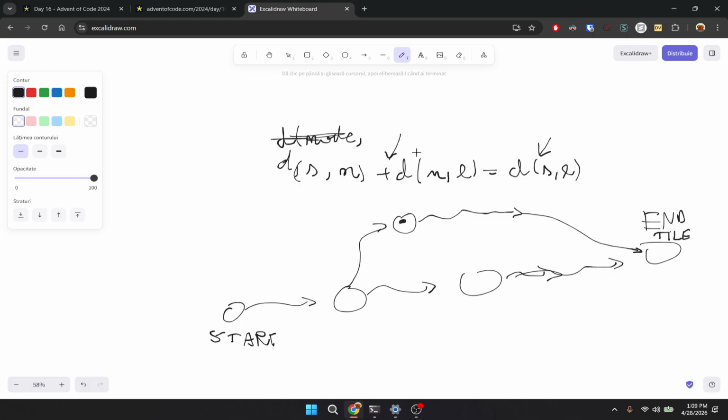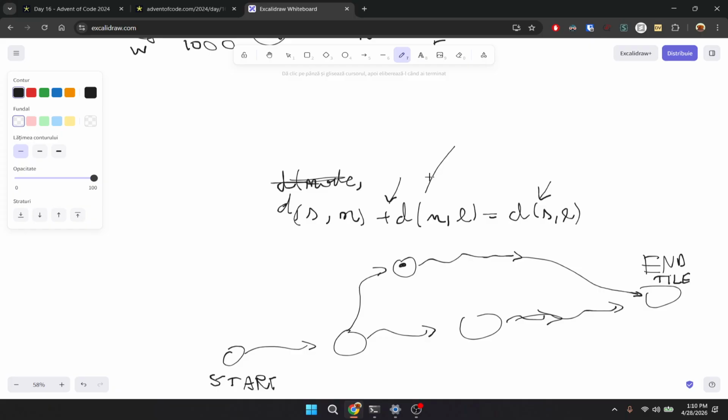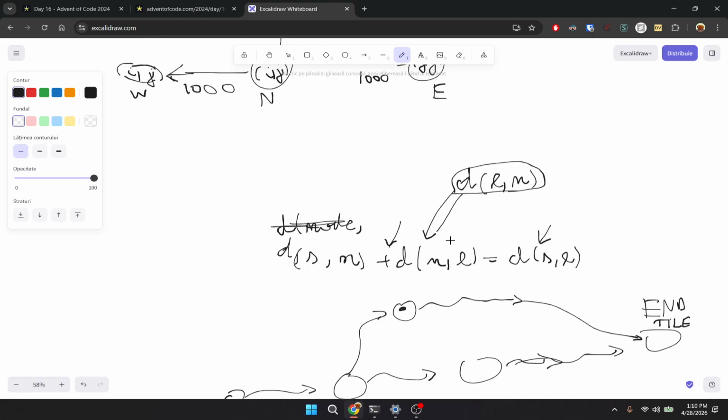end, which means I could probably run two dijkstras. I know that this over here also supports the property that it is the same as the distance from the end to the neighbor, and this is the distance from start to neighbor.